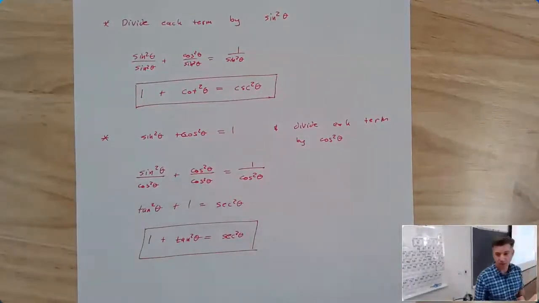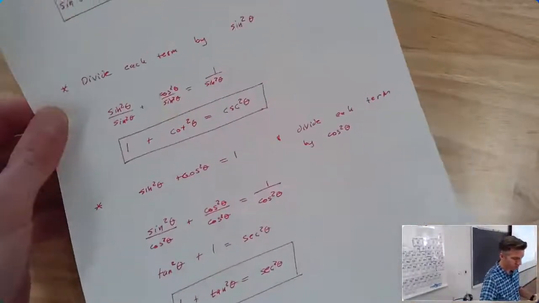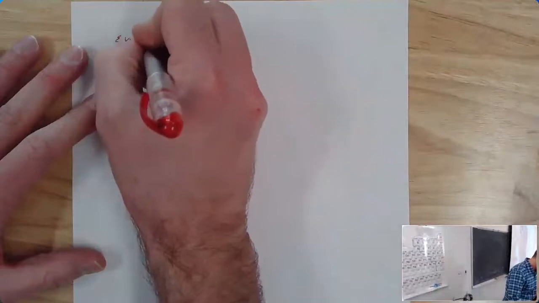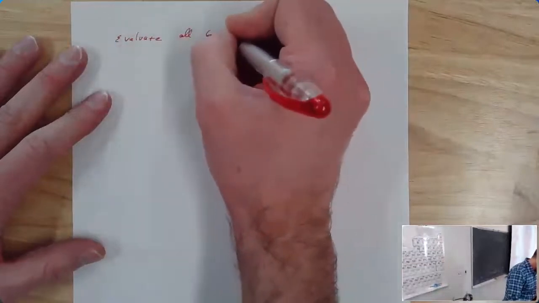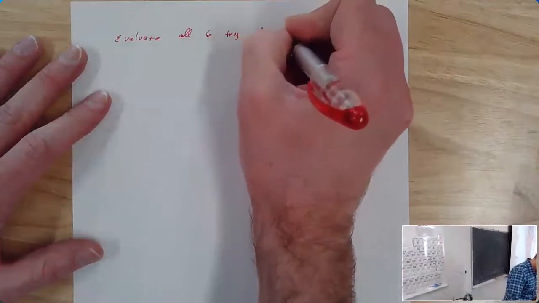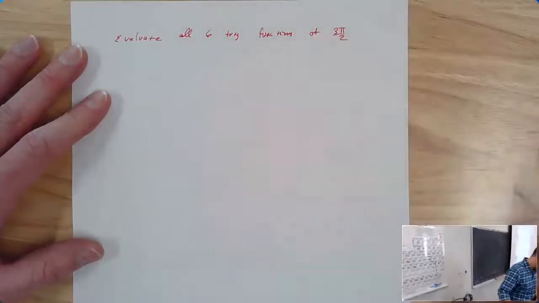All right, the other thing we should talk about, since we have a few minutes, is we should go back to some trig unit circle examples, because I feel like this section gives short shrift to the following kind of question. So let's say I want to evaluate all 6 trig functions of, say, 3 pi over 2 radians.